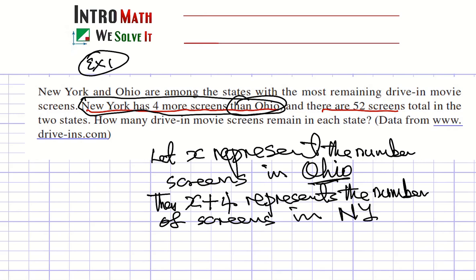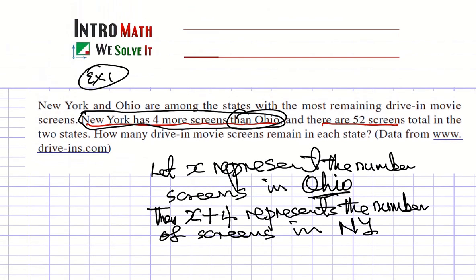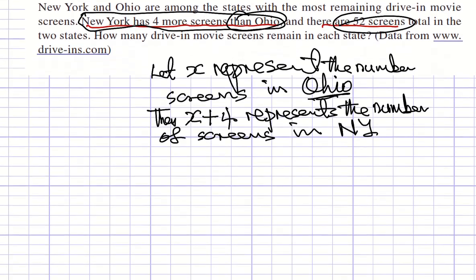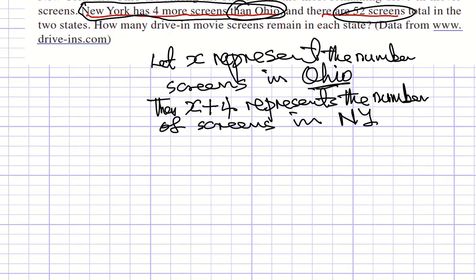Alright, once you got that set up, they give you the total screens in both states. You always look for what is given and what is not given.